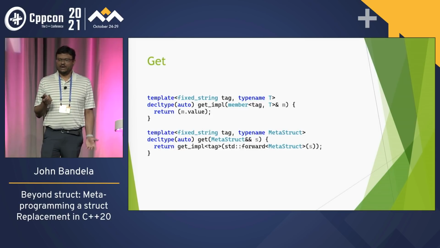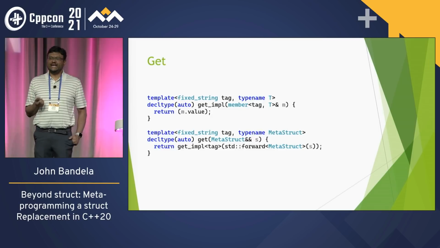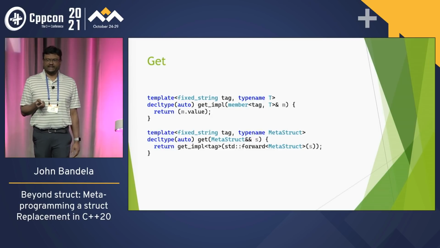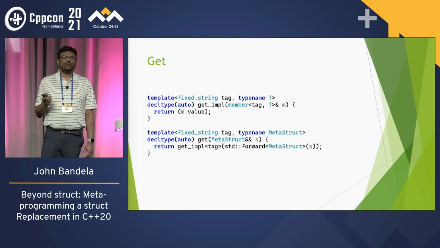We have getImpl, decltype auto, and we ask, can you match a reference to member tag? Then we have a function that calls that, called get, that takes a metastruct in, and the trick is we explicitly specify the tag.